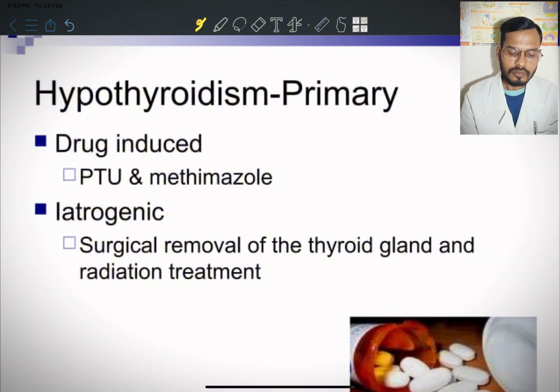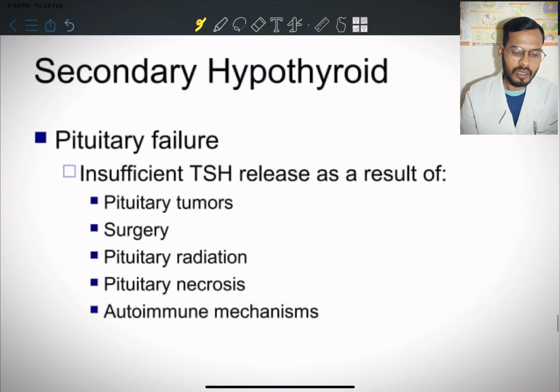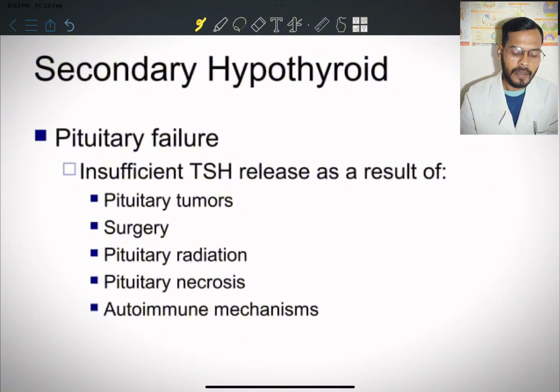Primary hypothyroidism is drug induced, by PTU and methimazole, and iatrogenic, from surgical removal of the thyroid gland and radiation treatment. Secondary hypothyroidism is pituitary failure, with insufficient thyroid stimulating hormone release as a result of pituitary tumor, surgery, pituitary radiation, pituitary necrosis, and autoimmune mechanism.